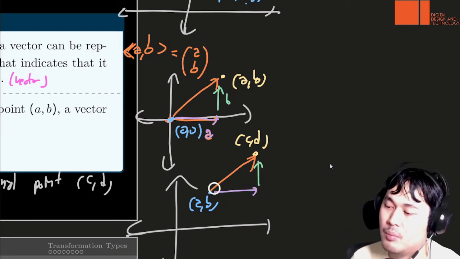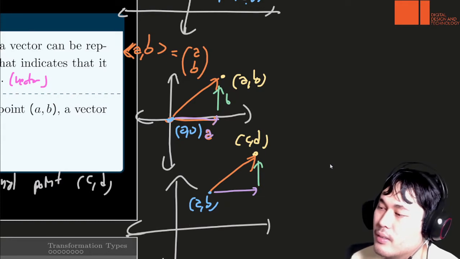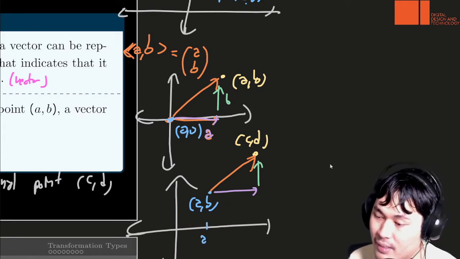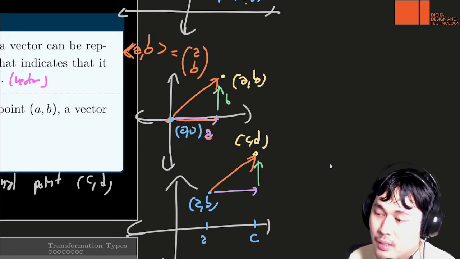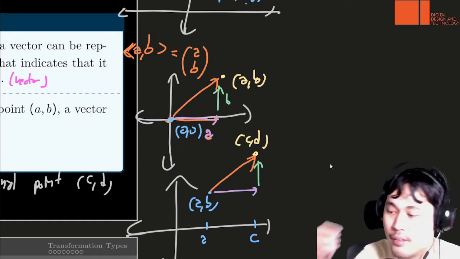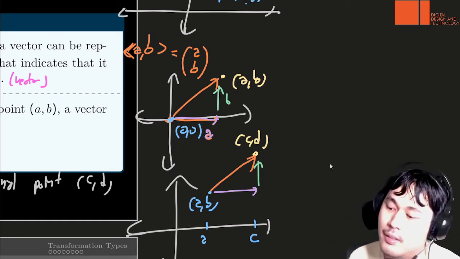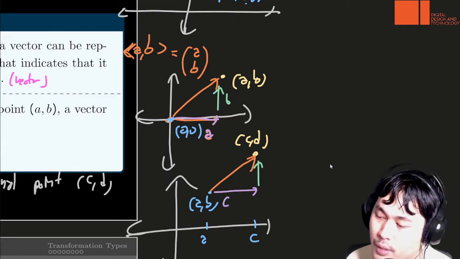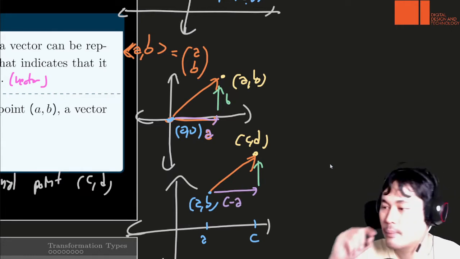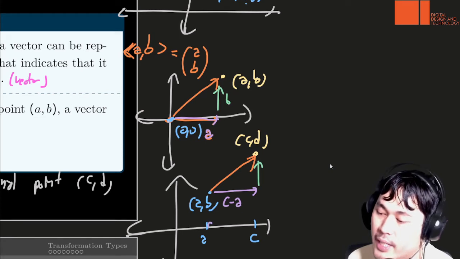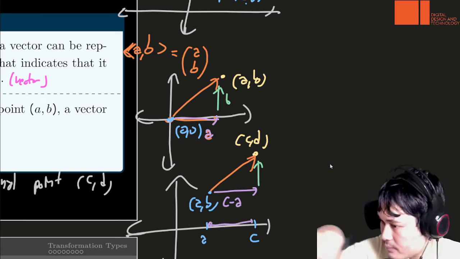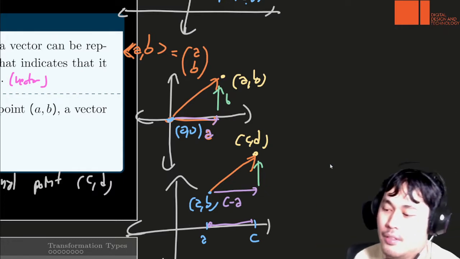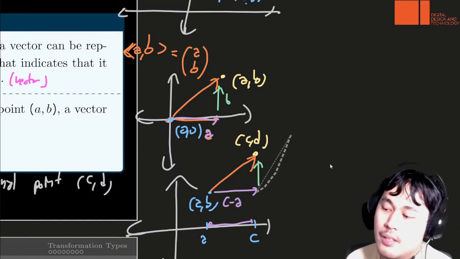How many steps do we move to the right? Then we start at A and we end at C, because CD means the x coordinate is C. So the distance here is of course C minus A. If you start at A and go to C, you get this number.